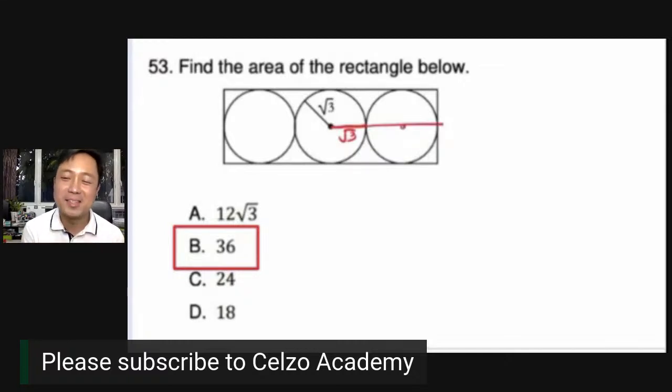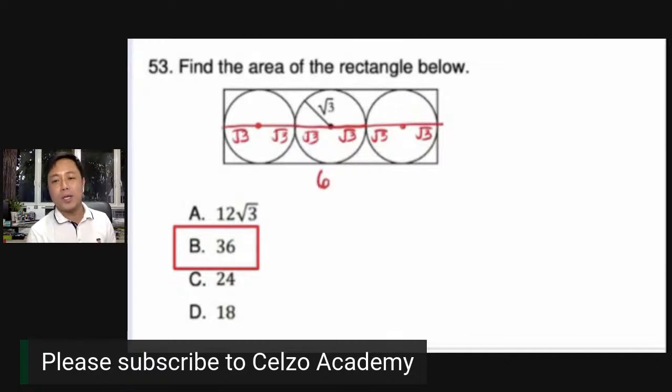Maria, that's correct as well. Yeah, so again, the length of the rectangle is 6√3. And the width, you can use, of course, length times width or base times height. So you can just multiply 6√3 times 2√3, that is 36. Madali lang, di ba?